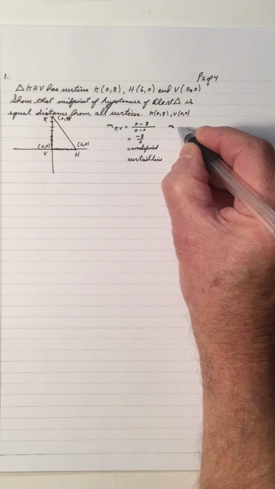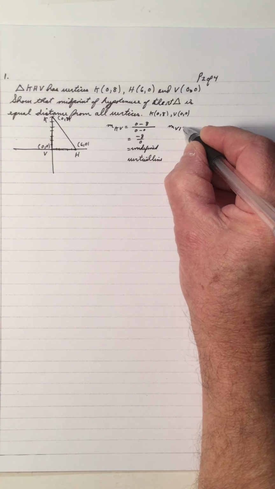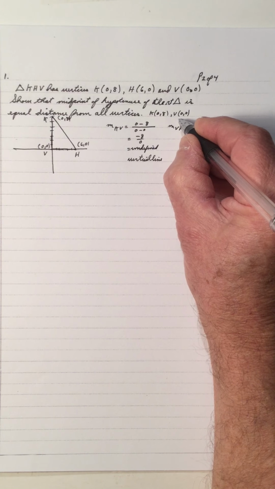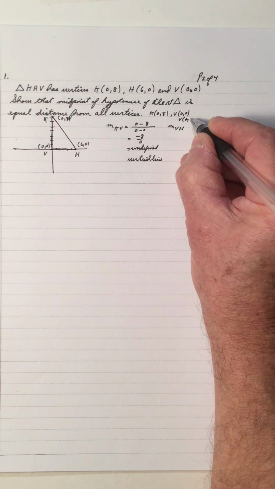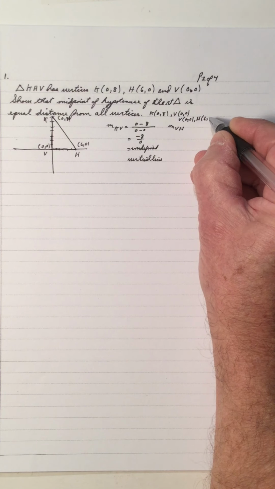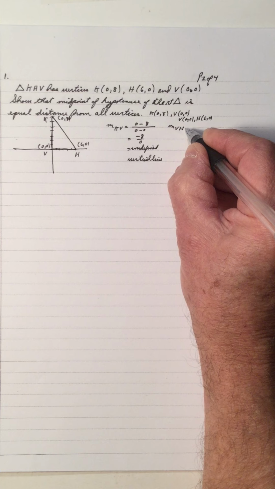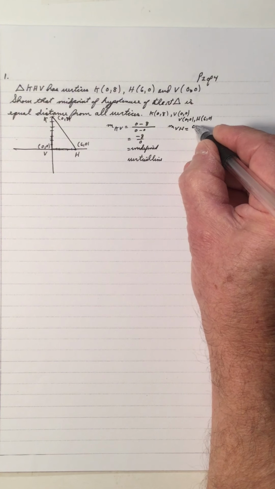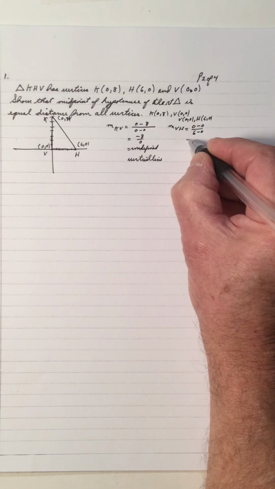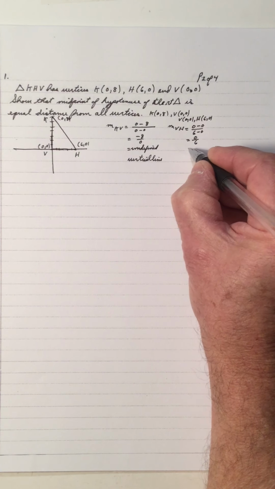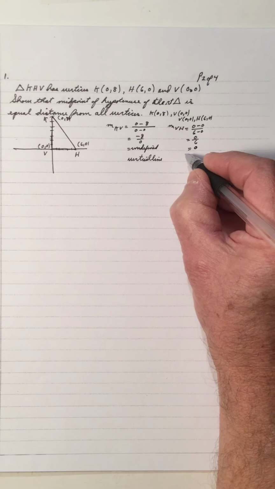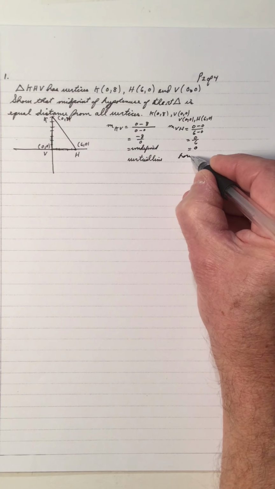Now we'll do the slope of VH. V is (0,0), H is (6,0), so the slope is y2 minus y1 over x2 minus x1, 0 over 6, or 0. That makes it a horizontal line.